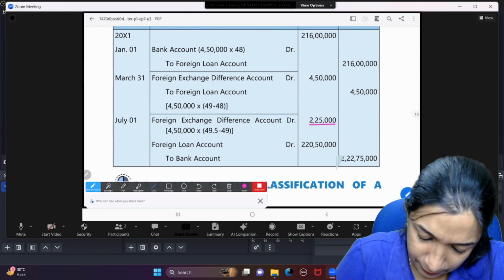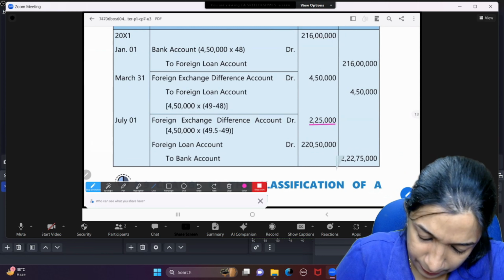First of all, I'll give you an example. I'm buying some raw materials worth, say, 10 lakh dollars, on 12th March 2024.